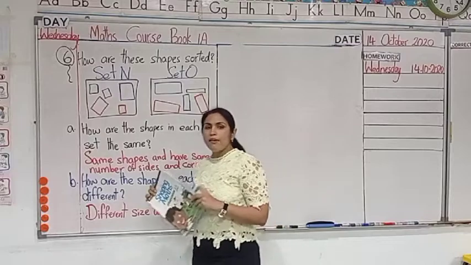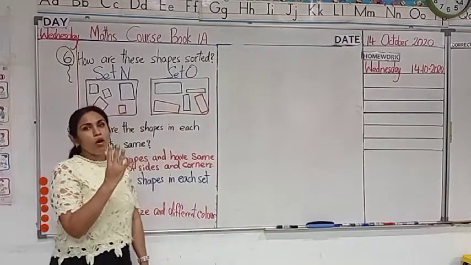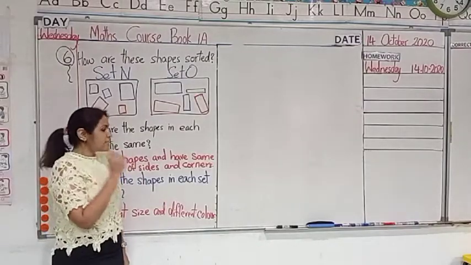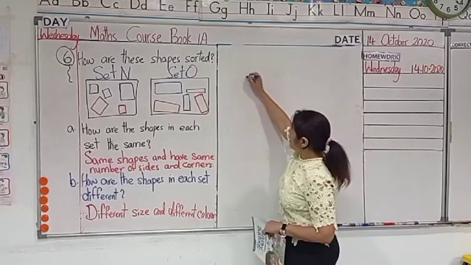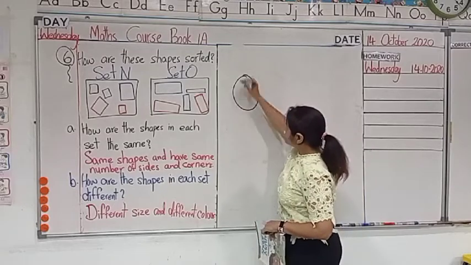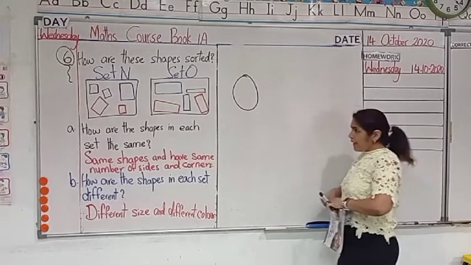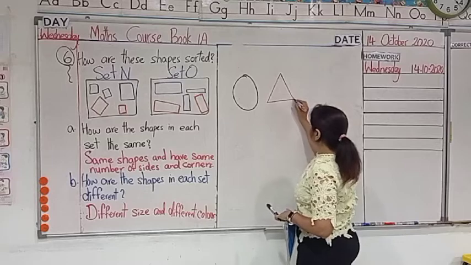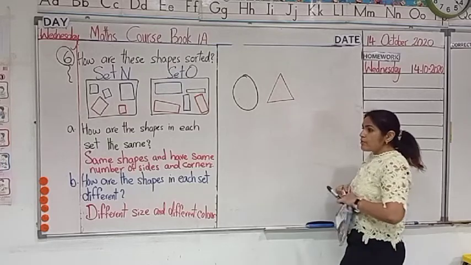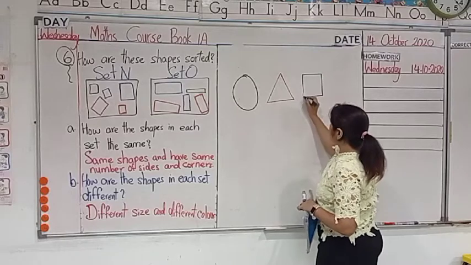So far you have learned about 4 common shapes. What are the 4 common shapes? Say with me. It's a circle. These are the 4 common shapes where it starts with a circle. Circle, triangle, which has 3 sides and 3 corners. Then you have a square where all the sides are the same.